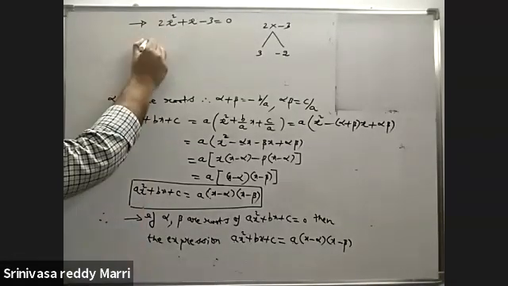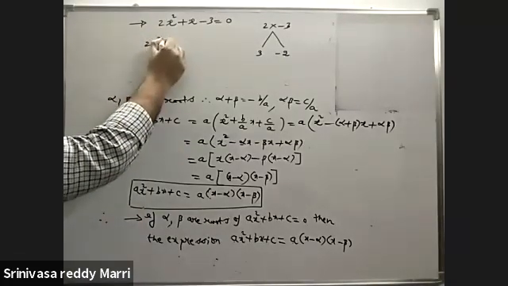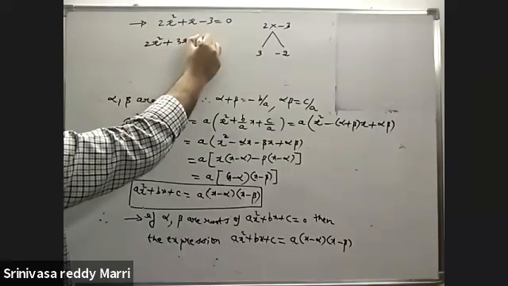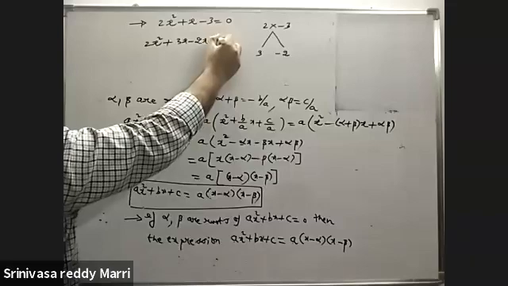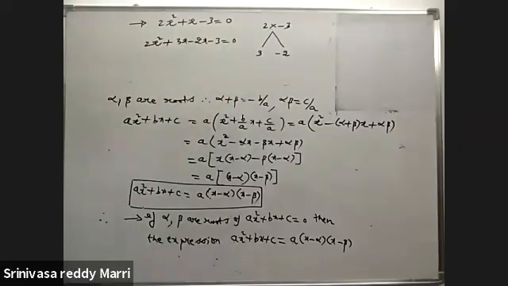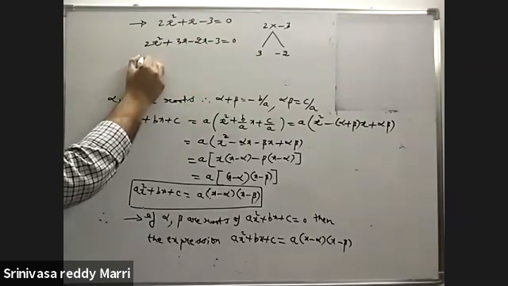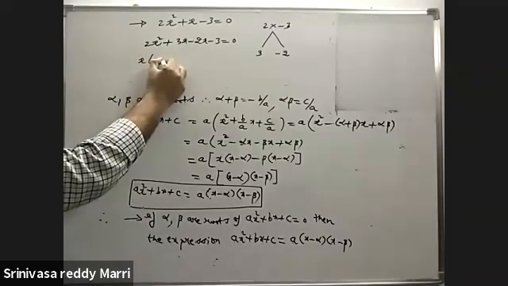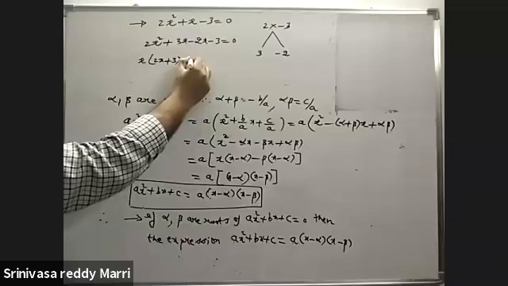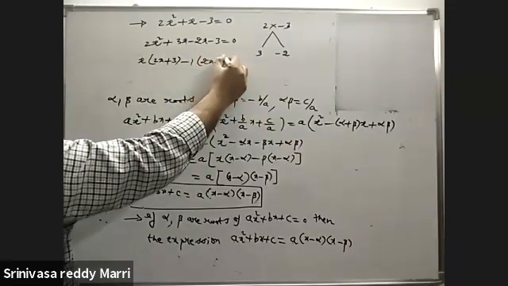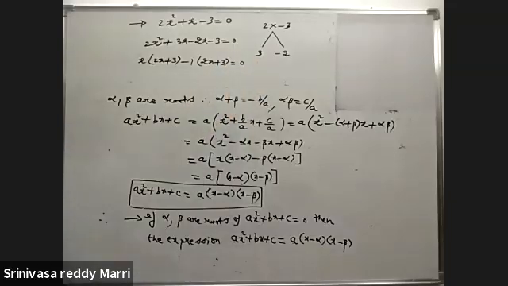Now this we will write as 2x square plus 3x minus 2x minus 3 equal to 0. Like this, x can be written as 3x minus 2x. So x into 2x plus 3, minus 1 into 2x plus 3, equal to 0.